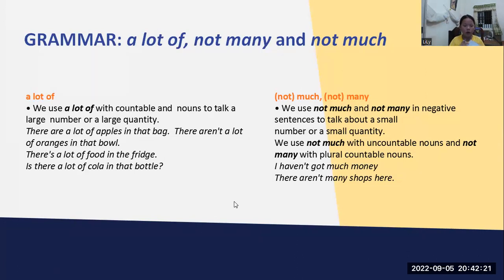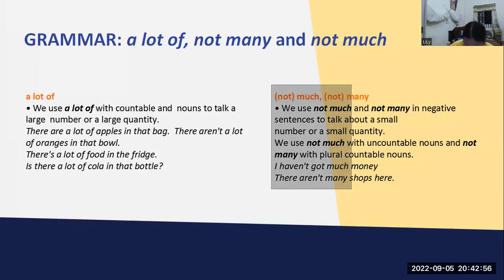There are a lot of apples in the bag. There aren't a lot of oranges in that bowl. There's a lot of food in the fridge. Is there a lot of cola in the kettle?